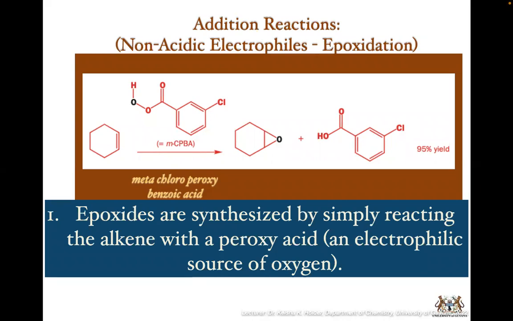Epoxides are highly strained cyclic ethers, and similar to the bromonium that we just saw, we can see why they are strained: the functionality includes a three-membered ring that contains an oxygen.